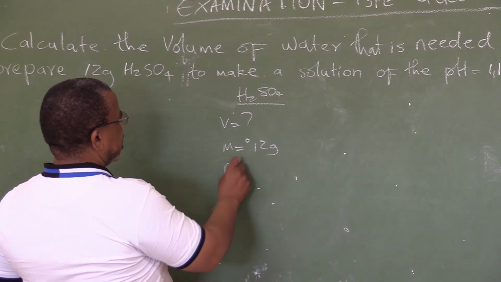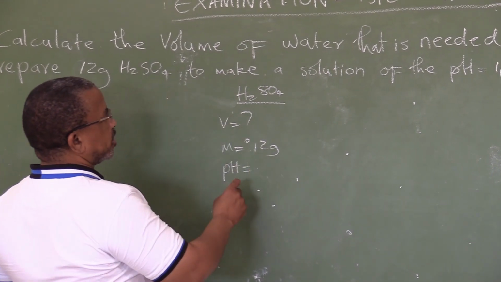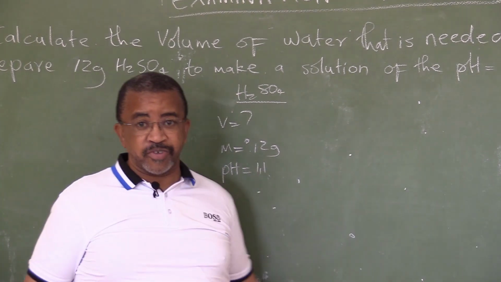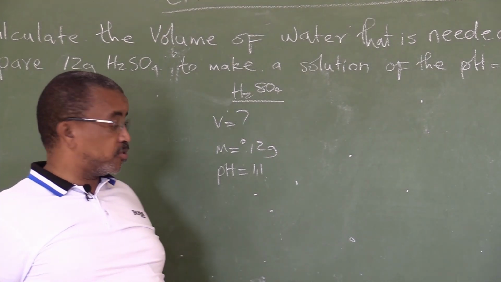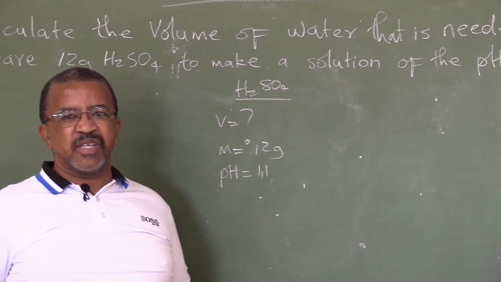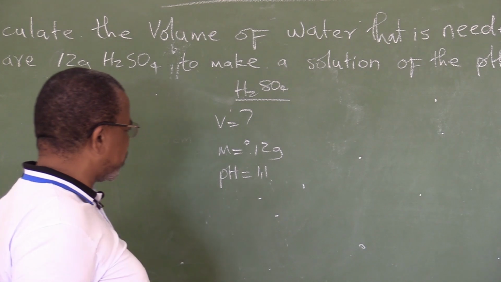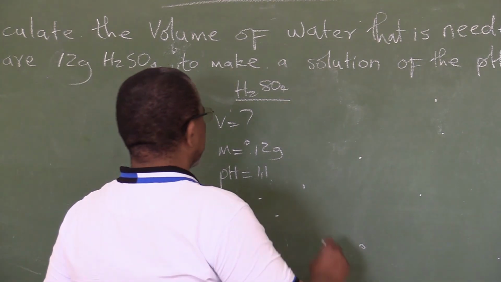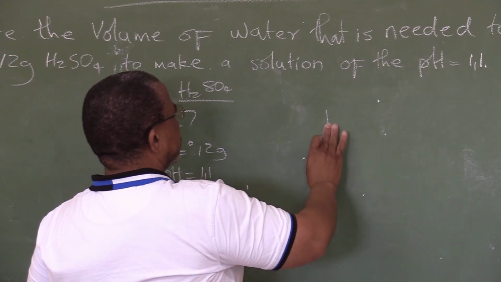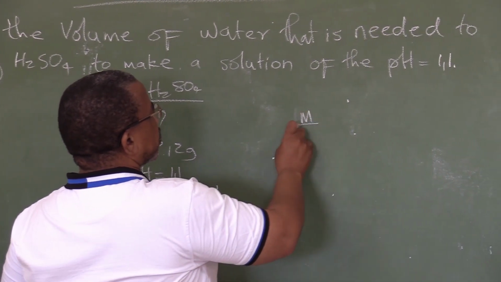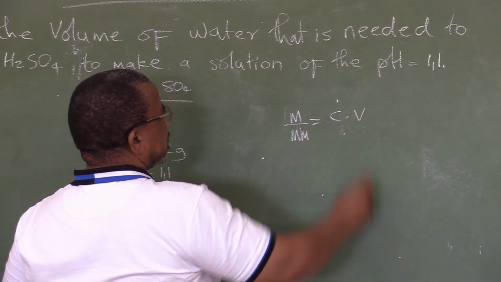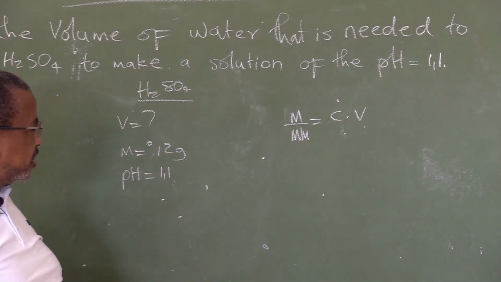When you see pH in a calculation like this, know that the concentration is also something you will get. The issue of concentration is covered if you are given the pH. So we know that we want the volume. Mass over molar mass is equal to concentration times the volume.